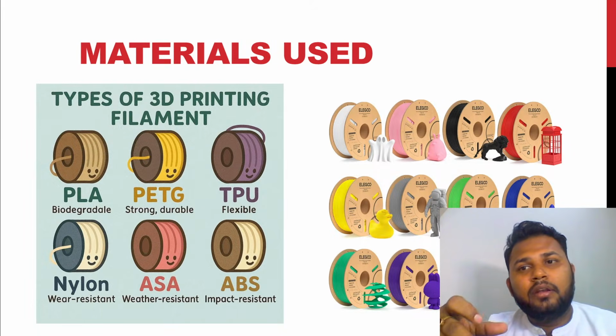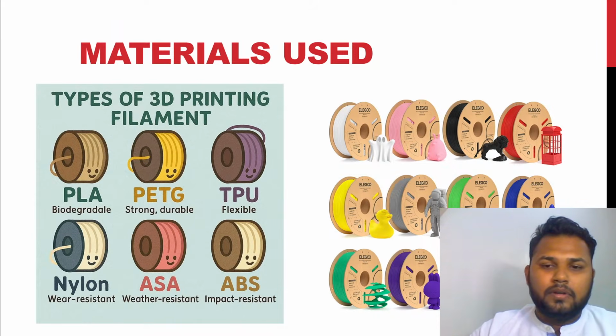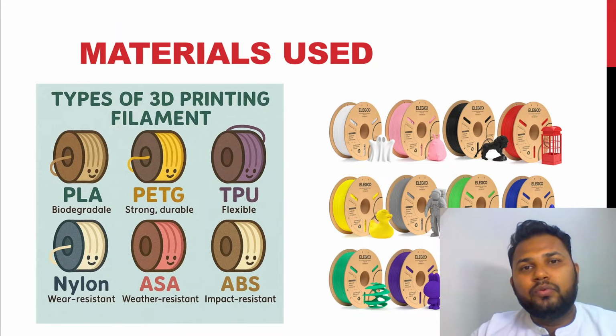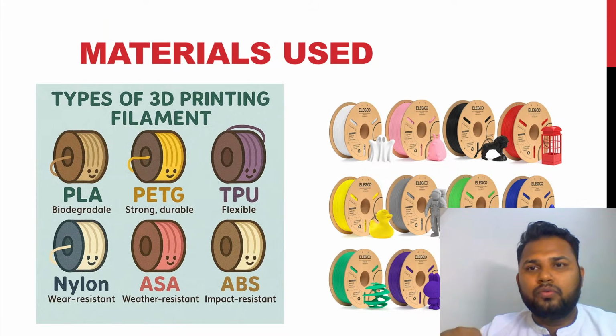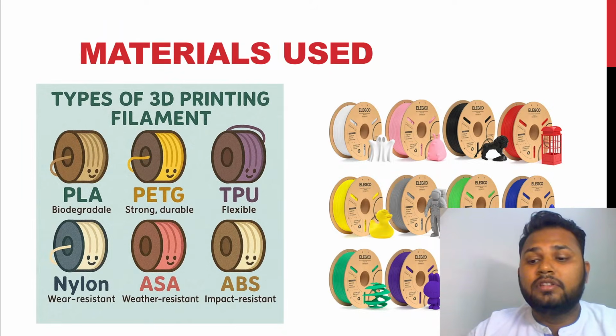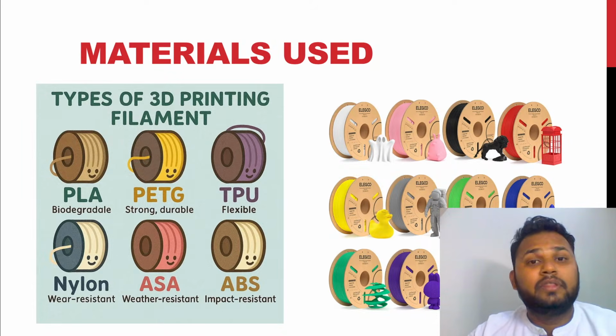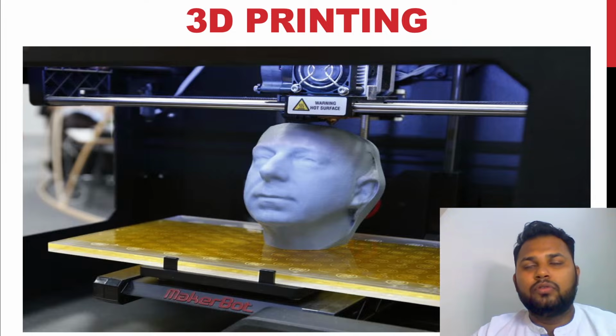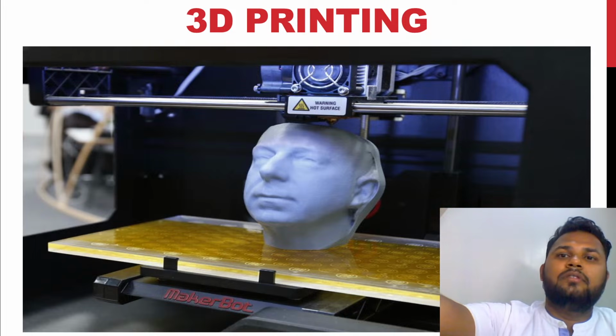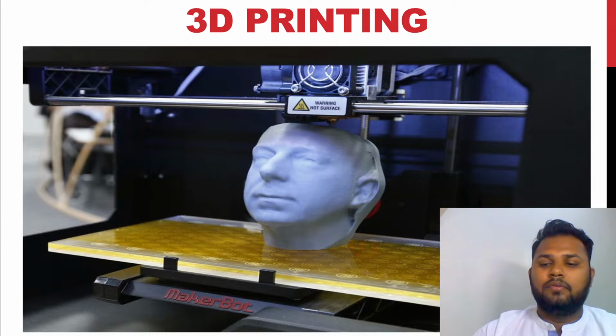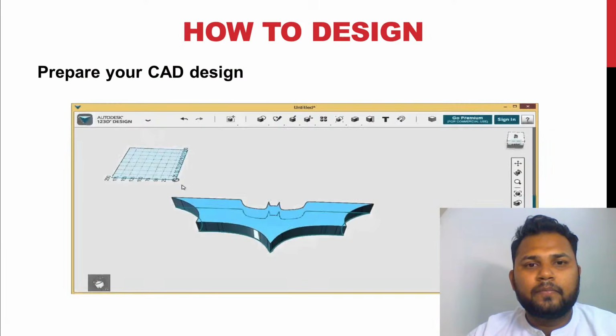We can use different kinds of material in actual daily life. So these are the materials we are using in our laboratory or our school area. We can use these kinds of materials on that FDM machine. That is also cheap as well. That high temperature machine costs a lot, its price is also high.